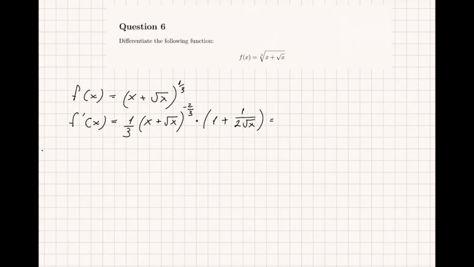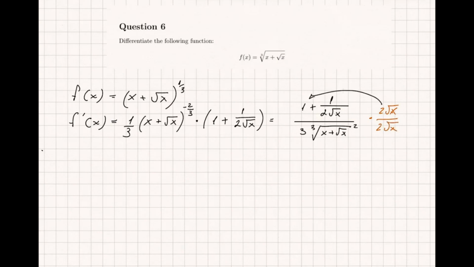So now we just simplify. We get 1 plus 1 over 2 square root of x, over 3 times the cube root of x plus square root of x, all squared. Now I want to get rid of this denominator here, so I will multiply by 2 square root of x top and bottom.